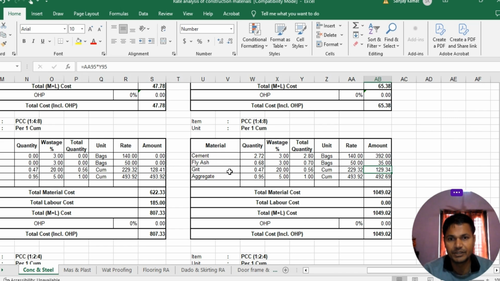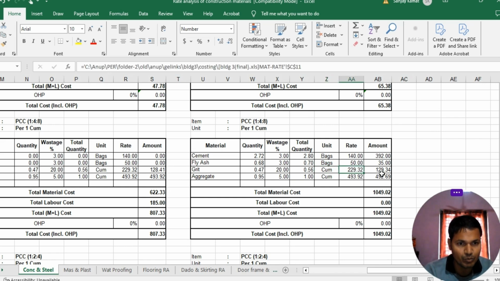Now grit. Coming to the grit material, the quantity this time we will take is 0.47. Wastage we will do is 20%. The total quantity of grit we will take is 0.56, and the unit of grit is always cubic. The rate of grit is 229.32.